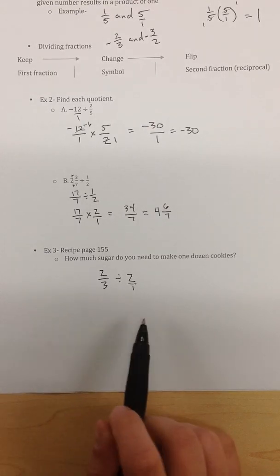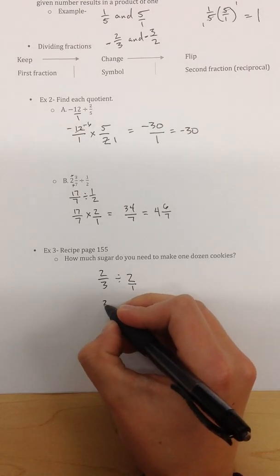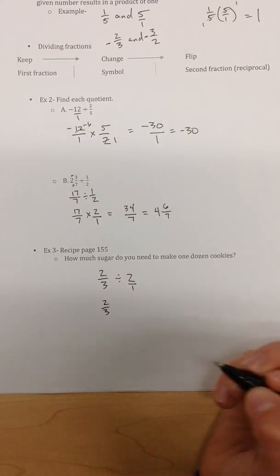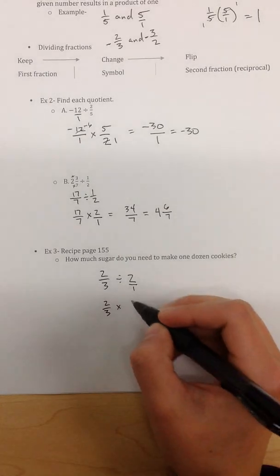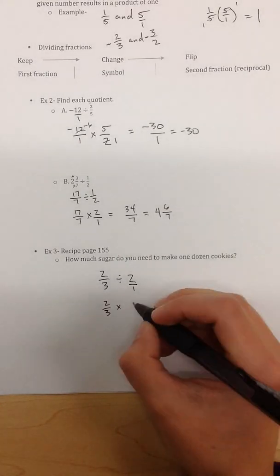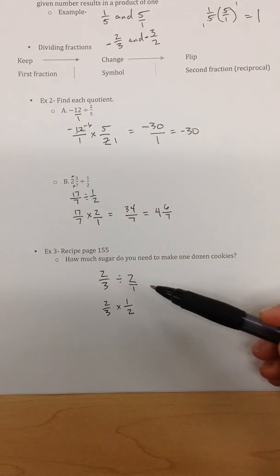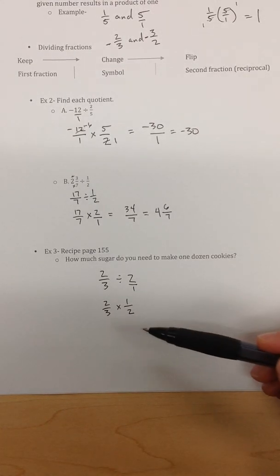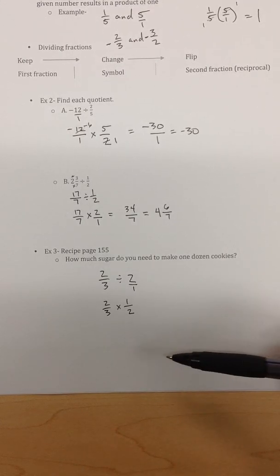So when I do this here, since it's division, I keep the first fraction the same, so 2/3, change my sign from division to multiplication, and then I flip my second fraction. So I'm going to flip it to 1/2. So if I divide something by 2, that's the same thing as multiplying by half. Okay, so dividing by 2 and multiplying by half will get me the same answer.